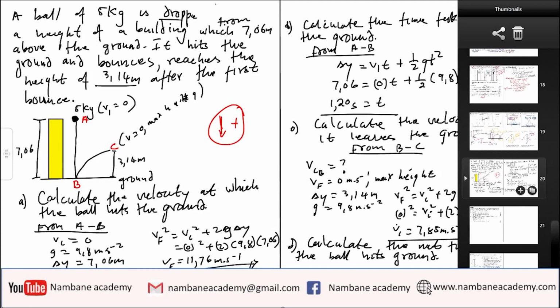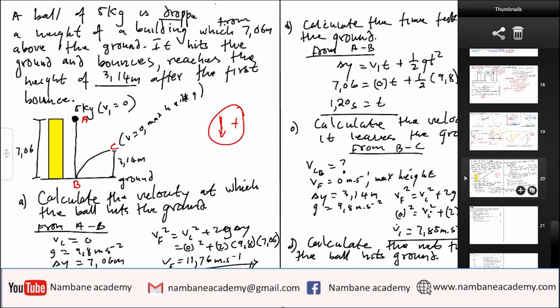So you can use F net equals ma. F net is equal to ma. That is Newton's second law, ne? The only force acting is the force of gravity.